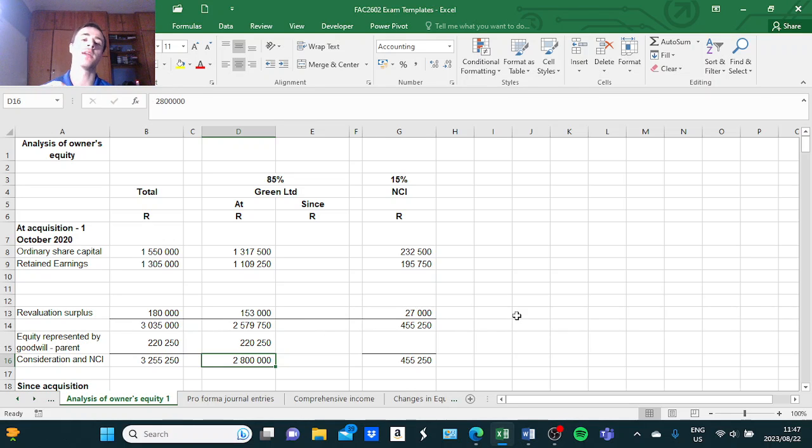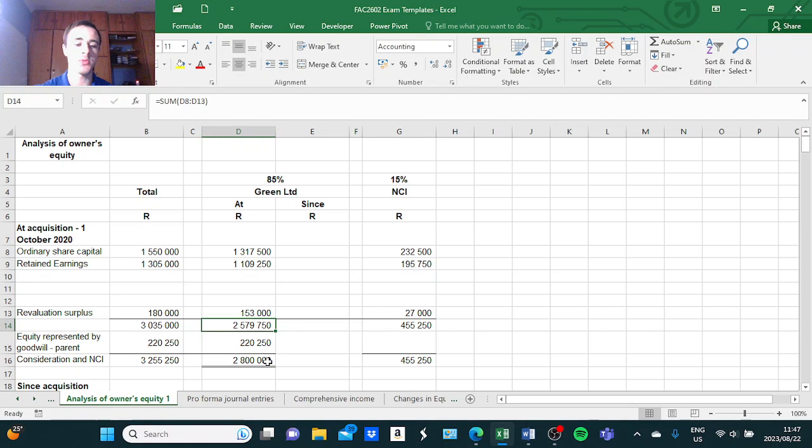But the actual share that the parent has in the subsidiary's equity at acquisition is 2,579,750 rand. So because the total consideration exceeds the net asset value attributable to the parent, the excess amount is calculated as goodwill. So in other words, goodwill is calculated as the difference between the total consideration of 2.8 million and the net asset value attributable to the parent.